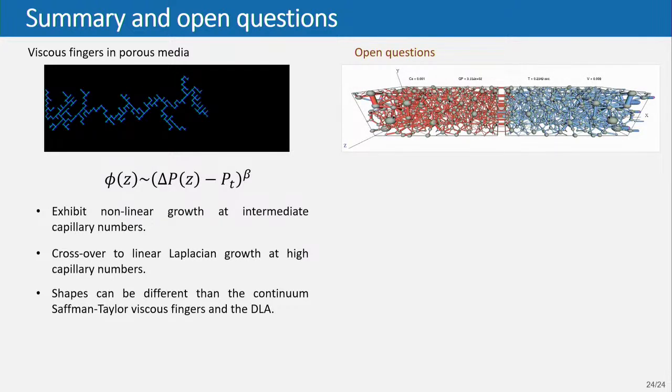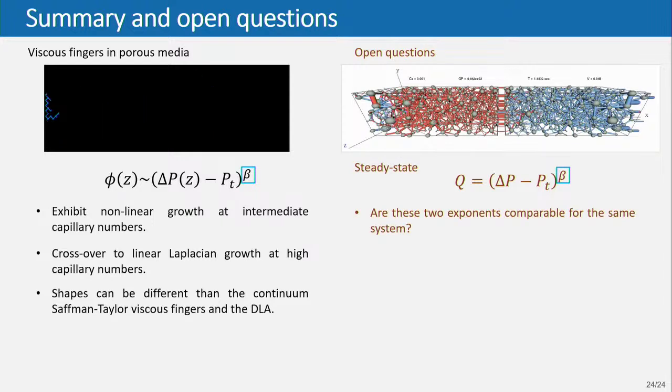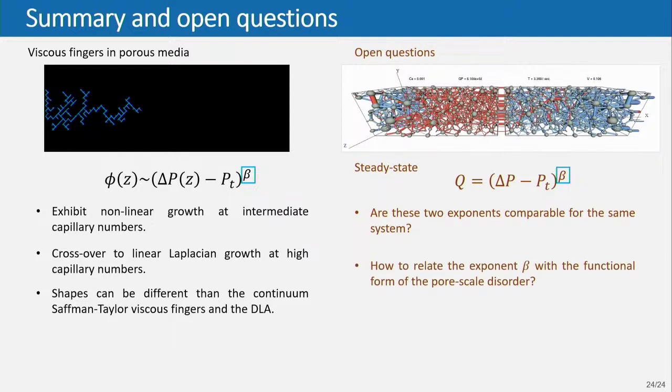The first question is that if we know the beta from the steady state, whether it will be the same for these two, for the same system, because the origin seems to be the same, the distribution of disorder in the capillary thresholds. And also how to relate this exponent for different functional forms of this disorder. Yeah, so that's all. Thank you very much.